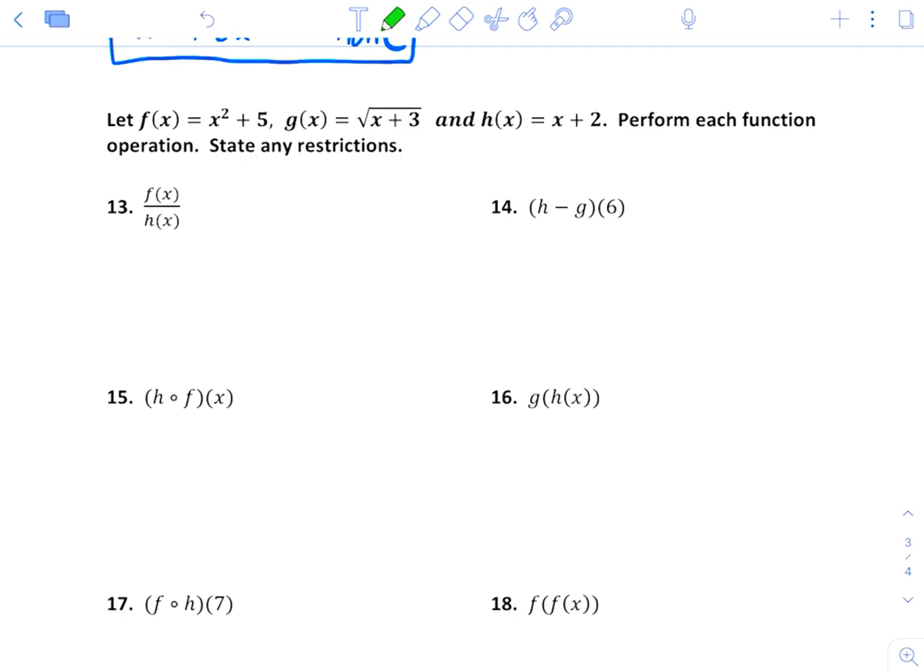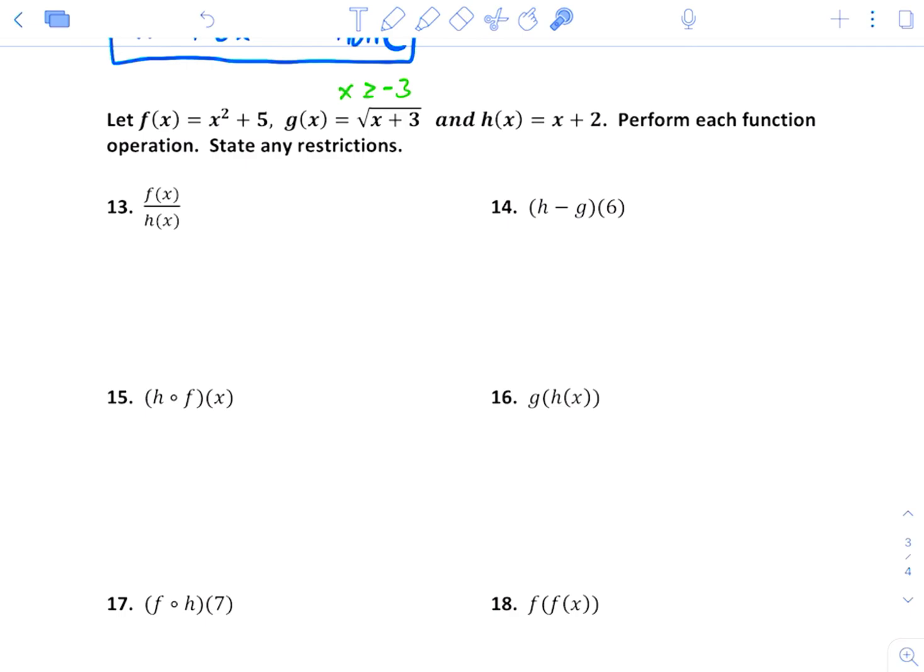So I'm going to have all the x's that are greater than or equal to -3. Okay. So that also tells me anytime I use my g of x function in these function operations, I have to include that restriction. Okay. And if we have other restrictions we need to worry about, then we would also include those as well.